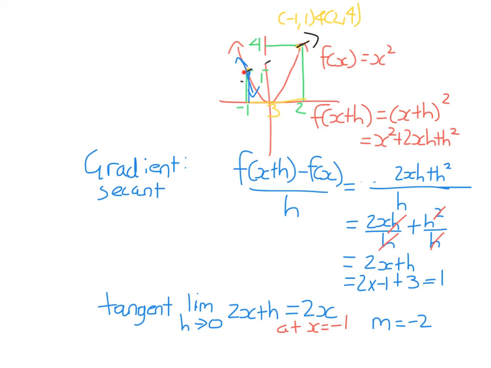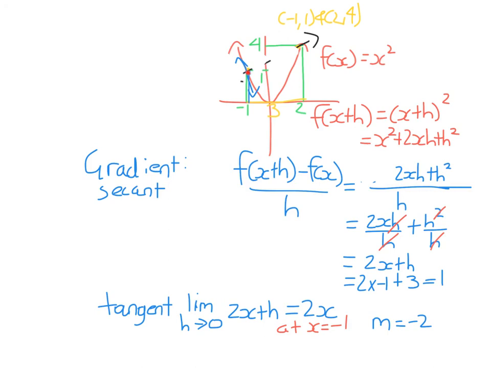So we started off by looking at secants. We calculated the gradient between 2 points by calculating the gradient of the line that passes through those 2 points. But because the secant doesn't represent the curve in this region here, we keep making the points closer and closer together, so that eventually the distance between the 2 points is 0.